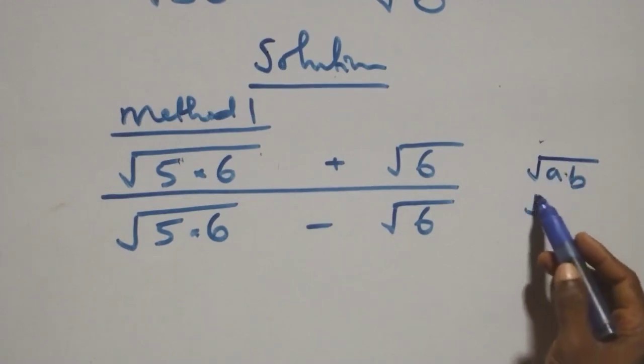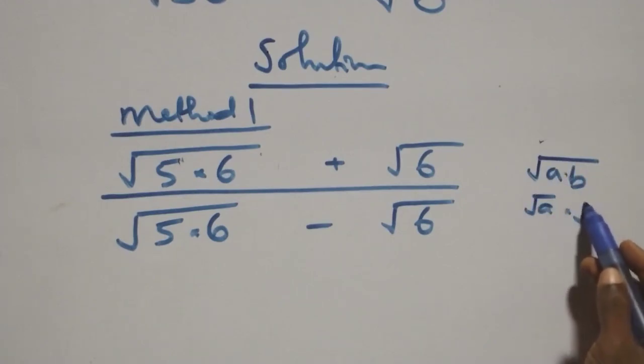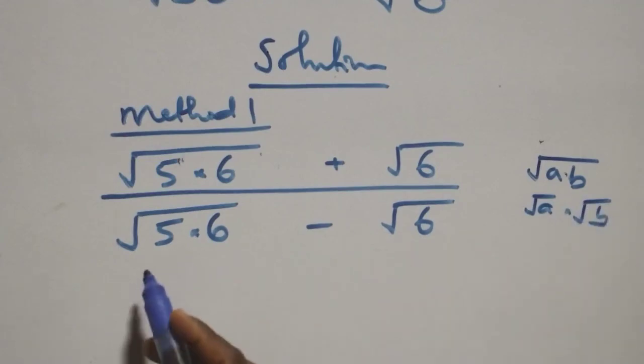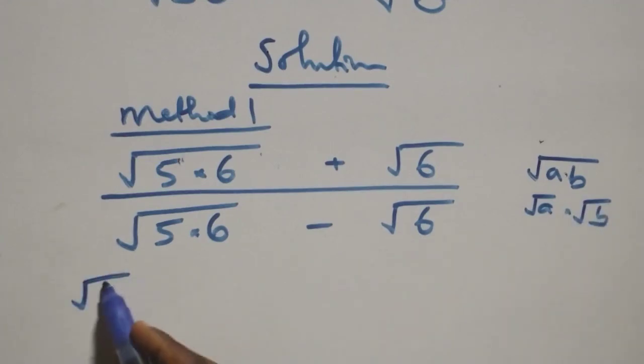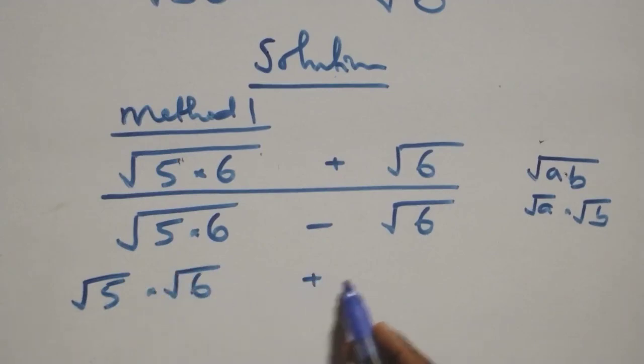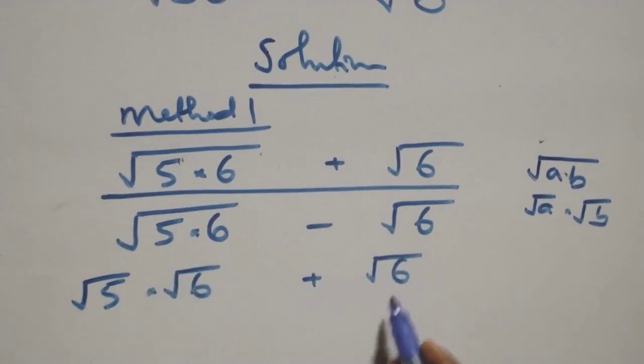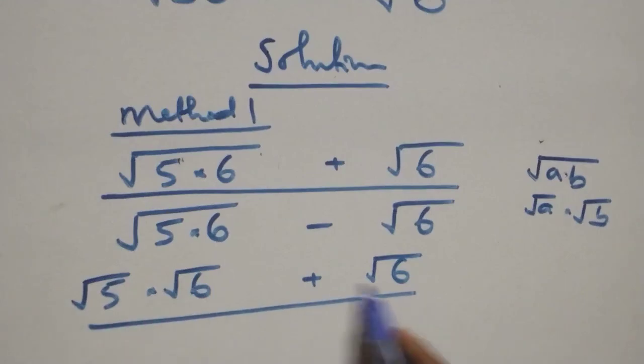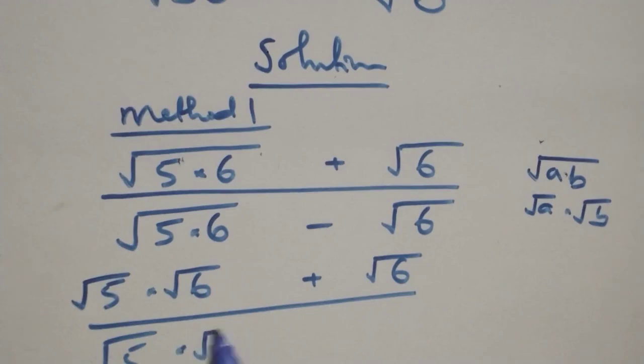We can separate it as root a times root b. That is, here, this becomes root 5 times root 6 plus root 6 over, also here we have root 5 times root 6 minus root 6.